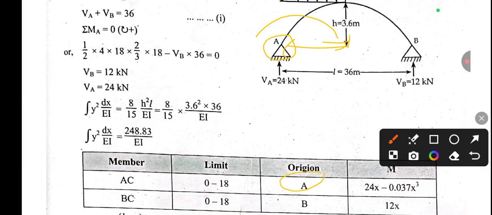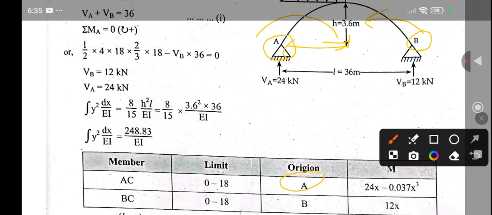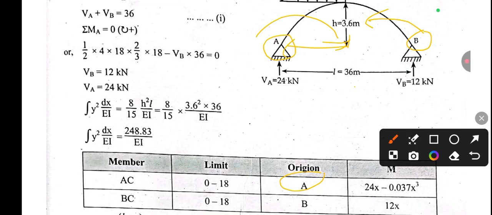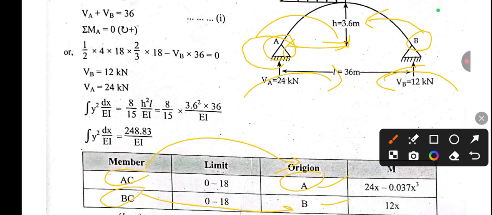For B, from the right side we are going to calculate the moment. For this BC section, our origin will be B, and for this AC member, our origin will be A. Okay, from the left side A, from the right side B. Now we need to calculate the moment.